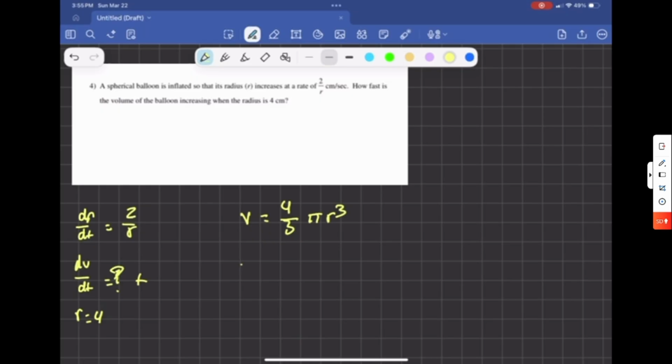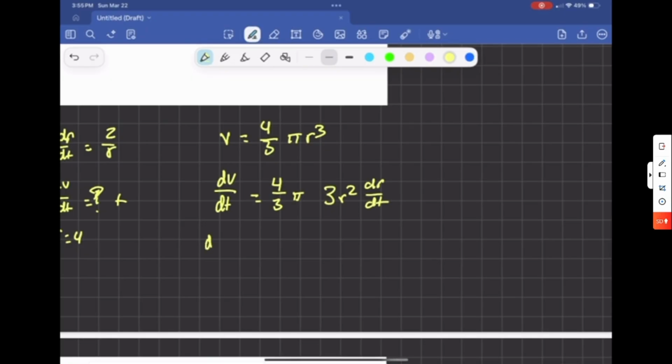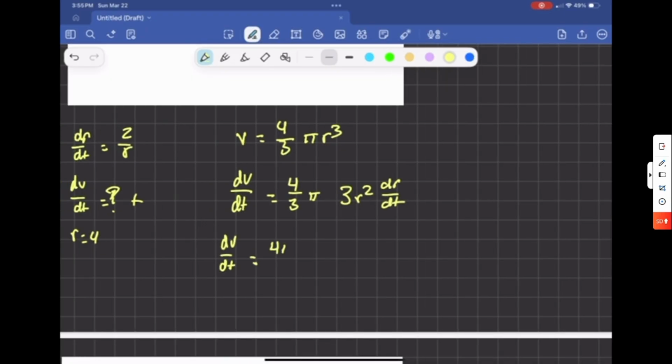Now we take our derivative, so dv over dt equals 4/3 pi is our constant, and we just differentiate the r cubed. So we get 3r squared dr dt, and we simply plug in. So dv over dt equals 4/3 pi times 3, and then our r is 4, so 4 squared times 2 over 4, or 2 over r, whichever you prefer.